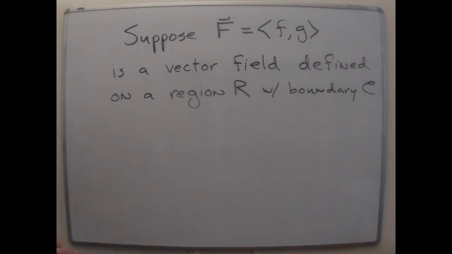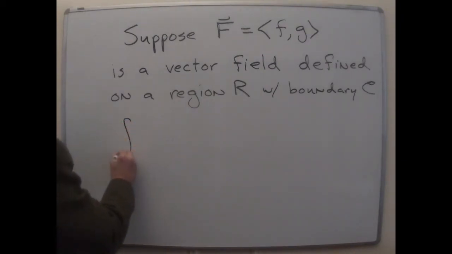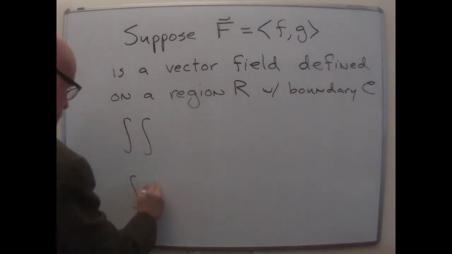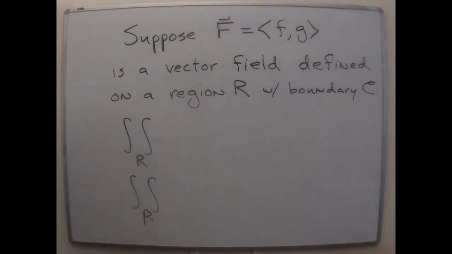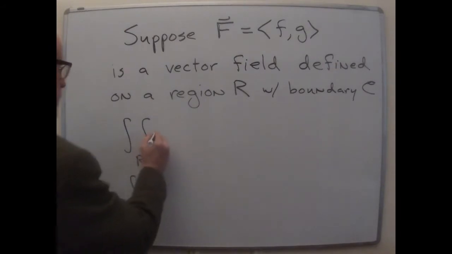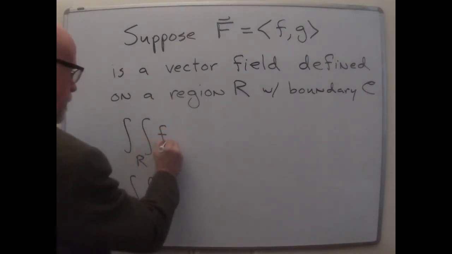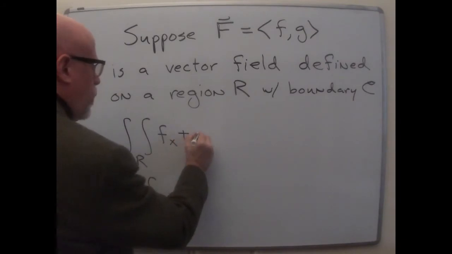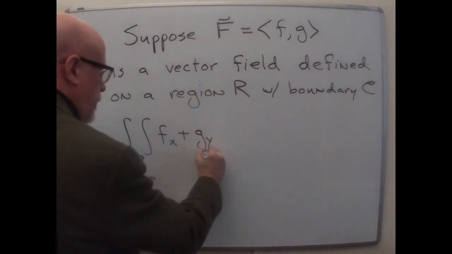Great. So there are two different double integrals that show up in Green's theorem. They're both integrals over the region R, so this much is the same. One of them actually looks pretty simple. Take the x derivative of f and add it to the y derivative of g.